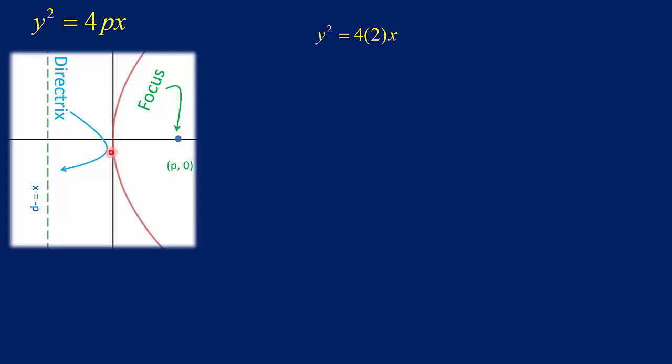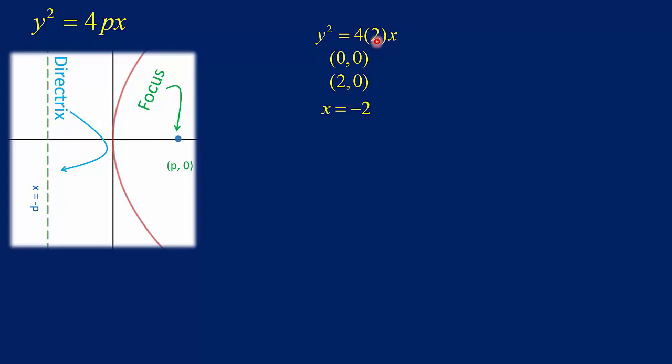We've got y squared equals 4 times 2x, and this 2 is p. So, first of all, the vertex is just 0, 0. Now, I've got to get to the focus, so I'm going to move horizontally. That means I'm going to add to the x, and there's my focus. That's the location for the focus.